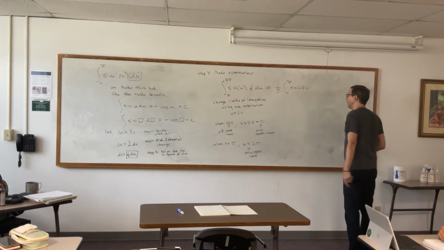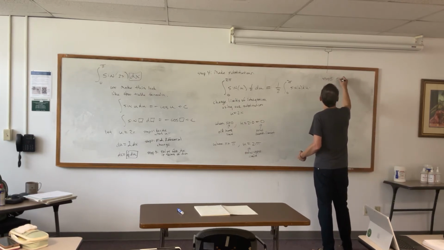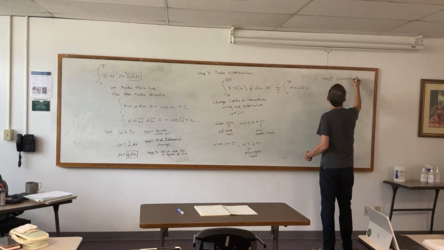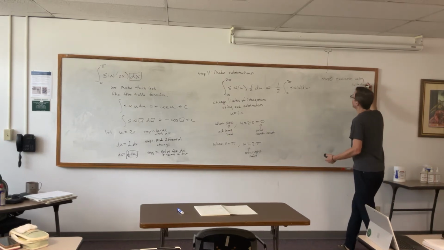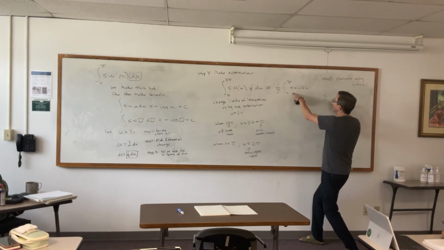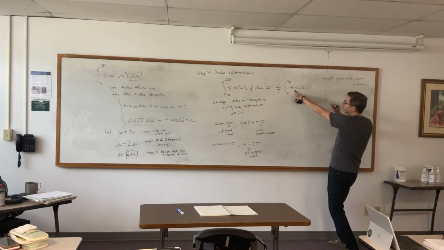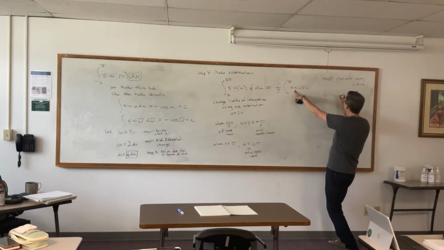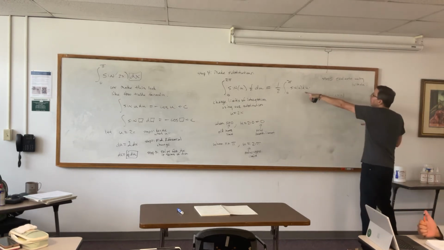Step 5 is use the formula. Evaluate using the formula. And so what that's going to look like is this. 1/2, take the antiderivative. So this constant rides along. Antiderivative of sine is negative cosine. And I'm using u. Look, I'm not going back to x. That's a u integral.